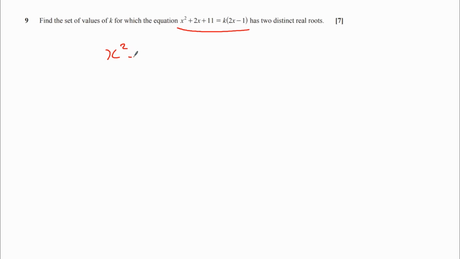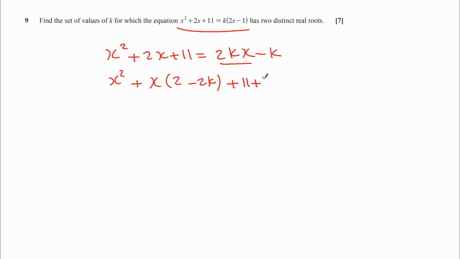I'm going to expand first. x squared plus 2x plus 11 equals 2kx minus k, and then bring everything to the left to make it a standard form. x squared plus, as I am bringing this to the left, I'm also factorizing x, which will be (2 minus 2k), and the rest would be plus 11 plus k equals 0.